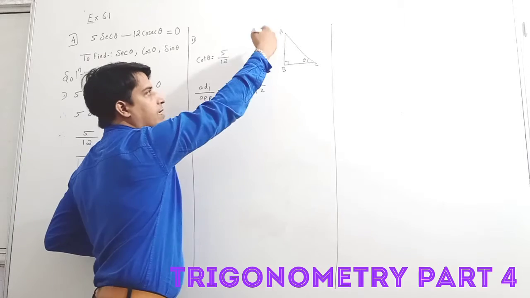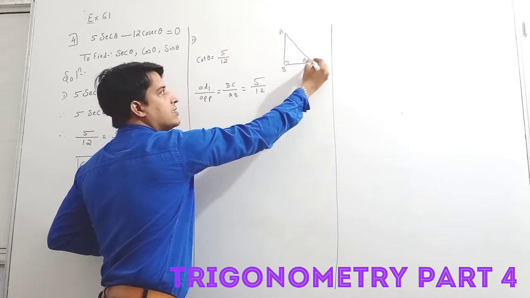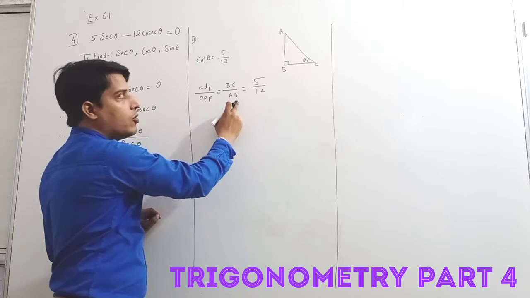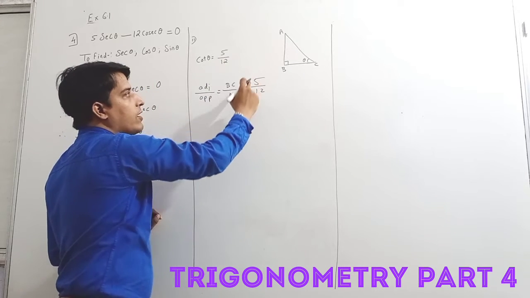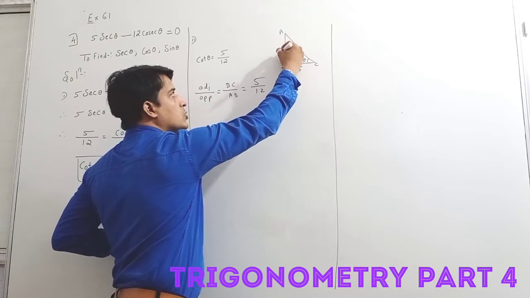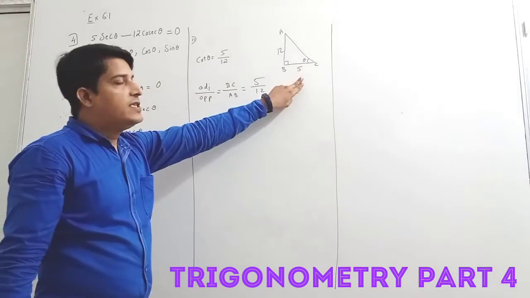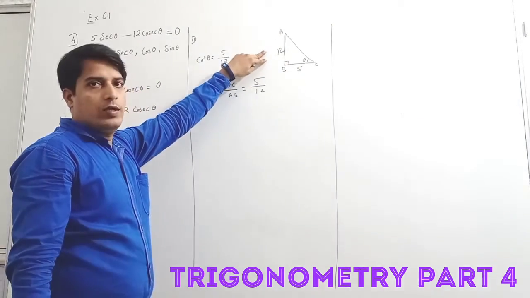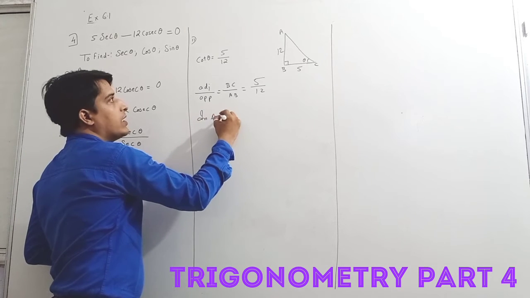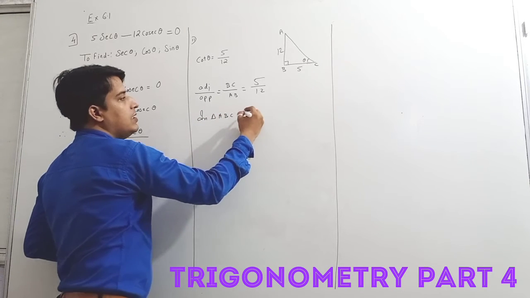Now look at the triangle. For theta, the adjacent side is BC and the opposite side is AB. So BC upon AB, the value is 5 upon 12. I am placing the value in the triangle to make it very clear. BC is 5 and AB is 12. I can find AC in triangle ABC.